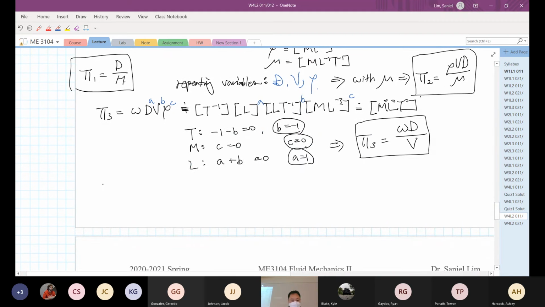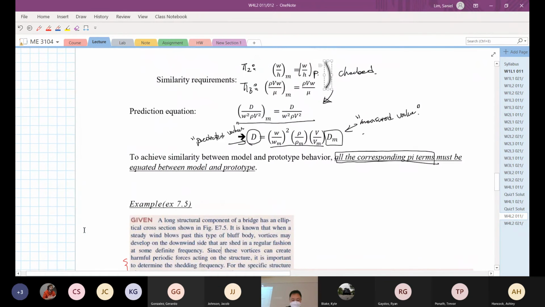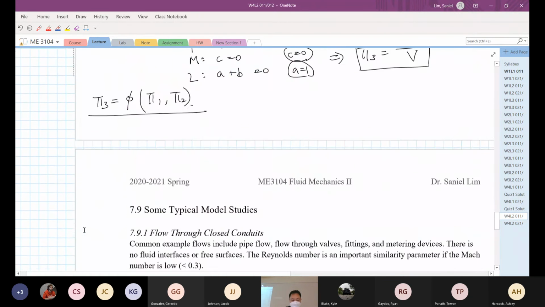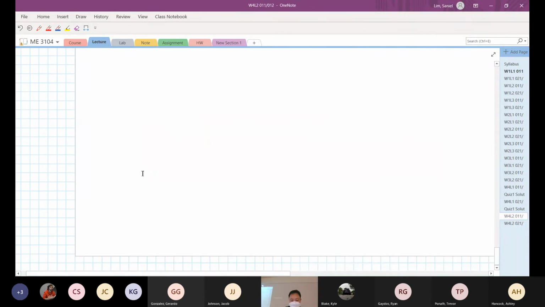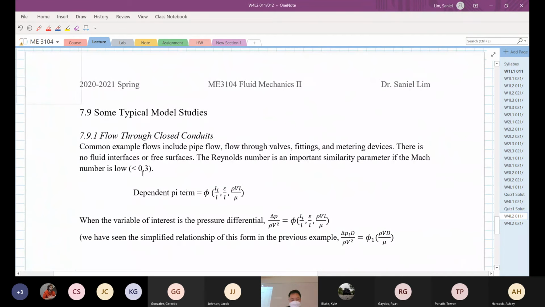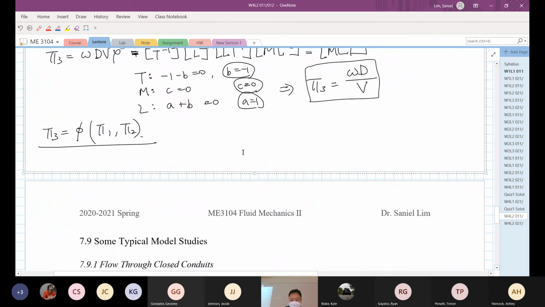So if I write it down, pi 3 is going to be some function of pi 1 and pi 2.